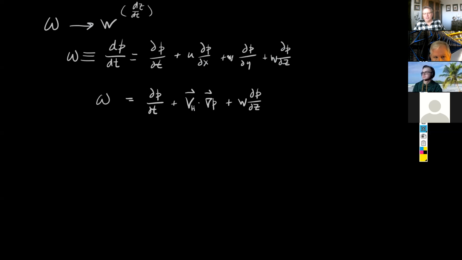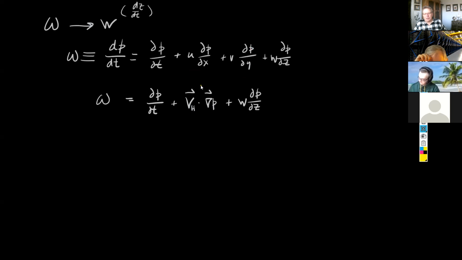Look, do you agree this is horizontal velocity? UVW is a three-dimensional wind vector, but I'm only looking at the horizontal component. So I'm only saying I'm going to look at just this horizontal wind for this term. That's why it's V_H. Okay, that makes sense.